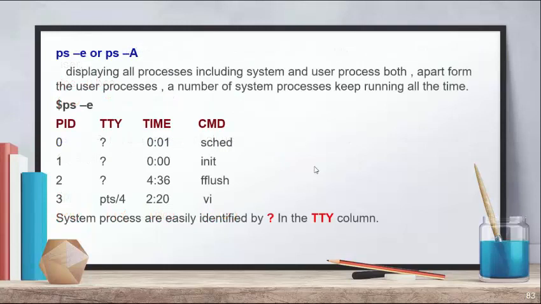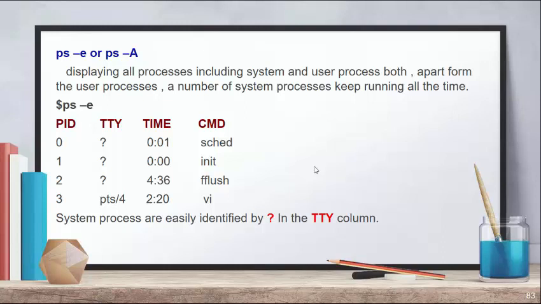Now the next is ps -e and ps -A. जैसे कि ps -u, ps -f, वैसे ही यहाँ पे या तो ps -e यूज करो या तो ps -A. Now what is the meaning of using this ps -e or ps -A?